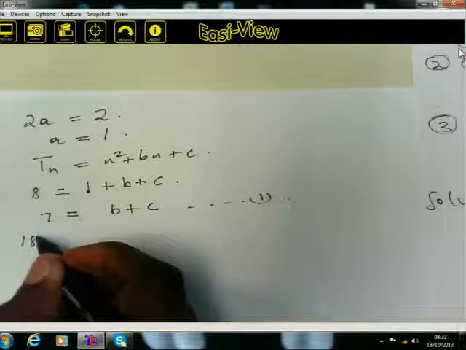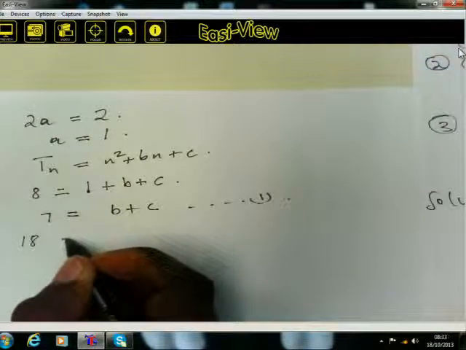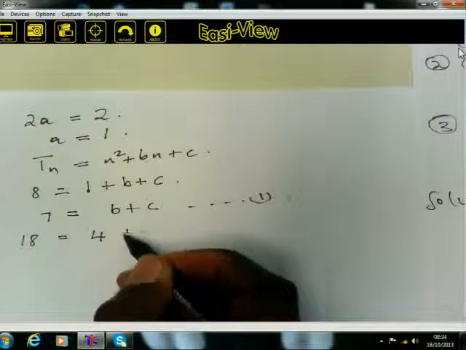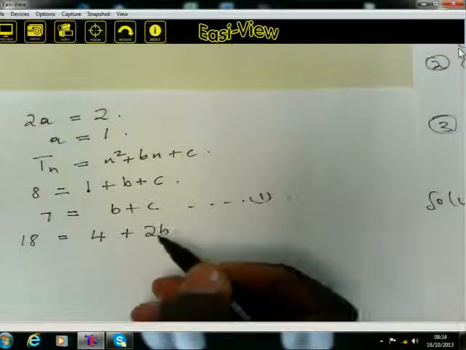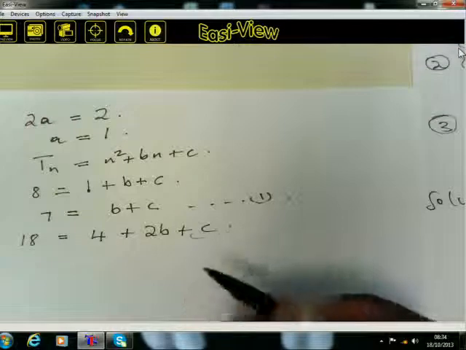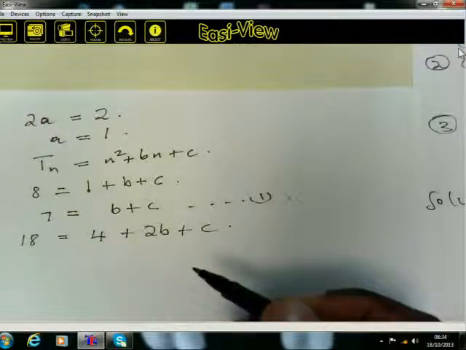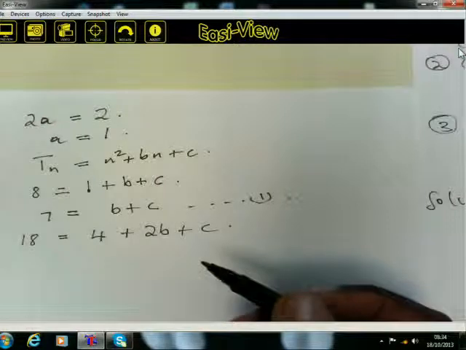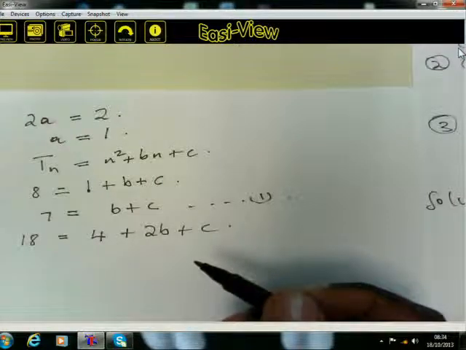Now, again, 18 is going to be equal to 4 plus 2b plus c. Remember that 18 is the second term, or term number 2.